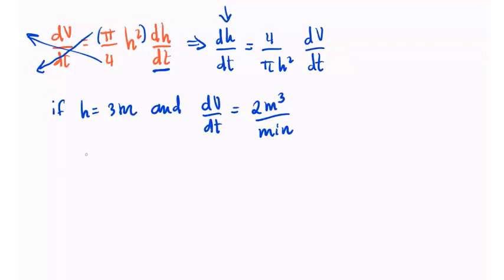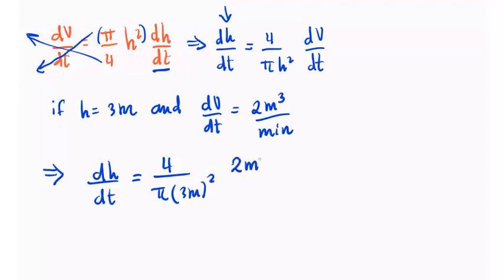So we have dh/dt is equal to 4 over pi h squared, but h is 3 meters squared, and dV/dt is 2 meters cubed per minute.